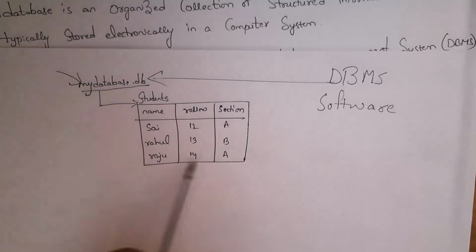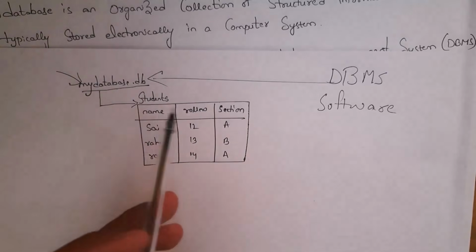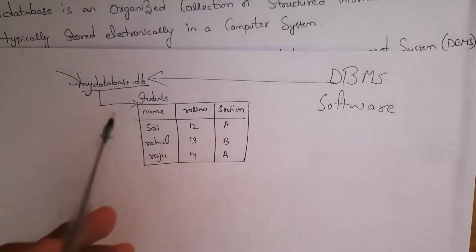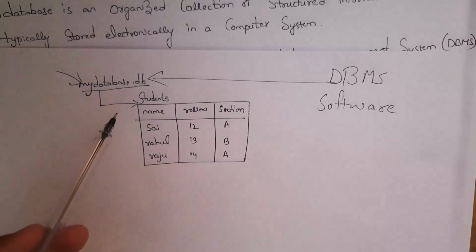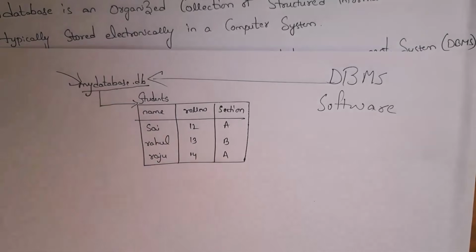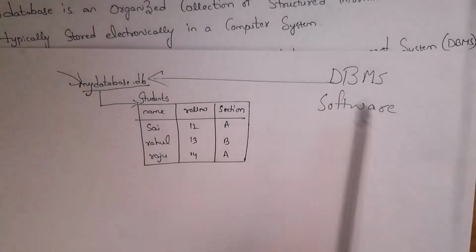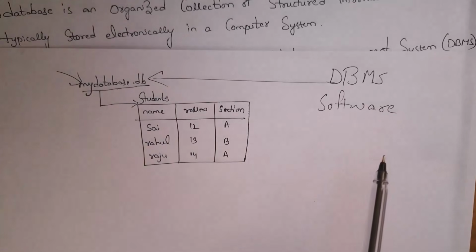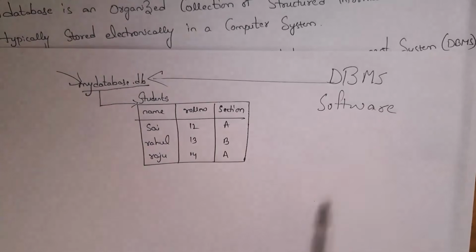Inside the students table I want to give column names like name, roll number, section, and similarly inside these columns I want to insert values like Sai, Rahul, Raju and so on. So in order to create a database and perform various operations on it, we need database management system software. By using this DBMS software, we can create a database as well as perform various operations on the database.